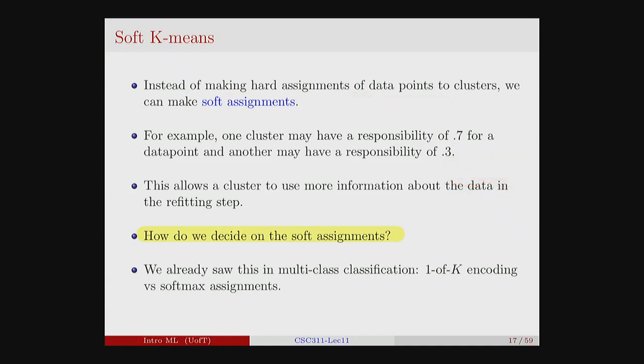That's what it means to have soft responsibilities or soft assignments of data points to clusters. And this allows a cluster to use more information about the data in the refitting step. The learning algorithm for soft k-means is a very simple modification of the original k-means algorithm, and that's what we'll talk about in a bit.